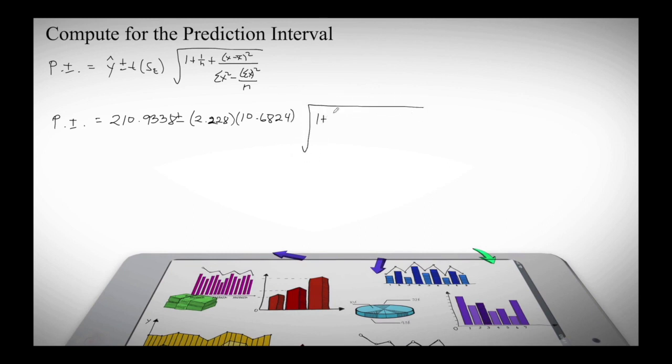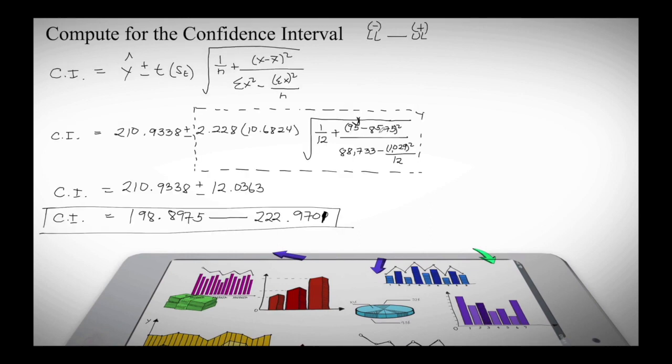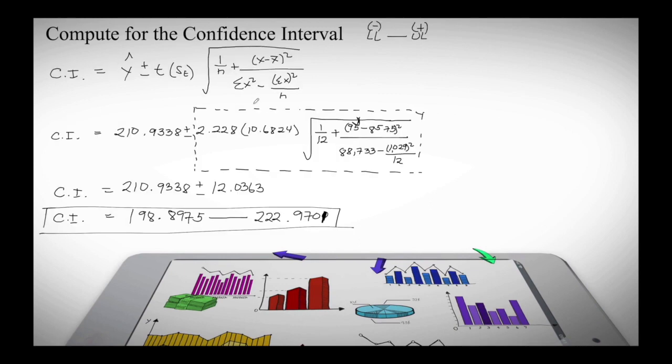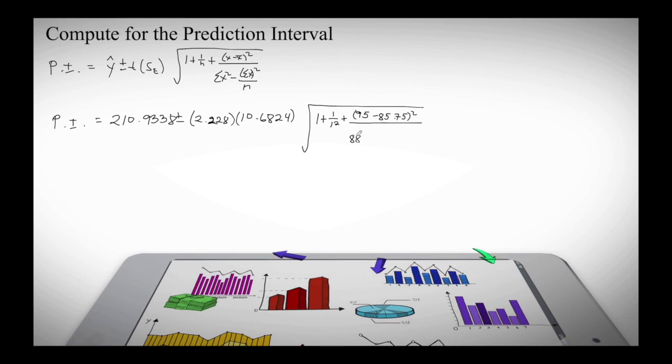So, 1 plus 1 over n, where our n is 12. Plus x minus x bar: this is 95 minus 85.75, then squared, over the summation of x squared, that is 88,733, minus the summation of x, squared.